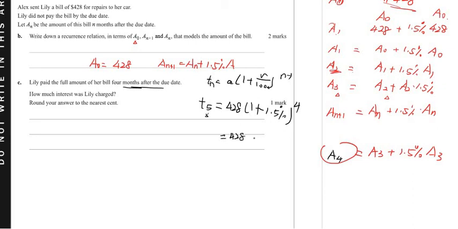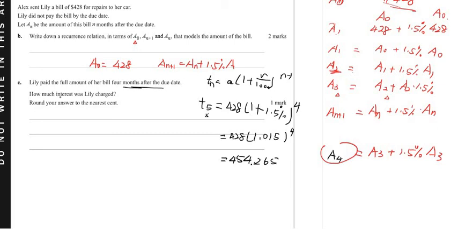That's 428 times 1.015 to the power of 4. The answer is equal to 454.264.